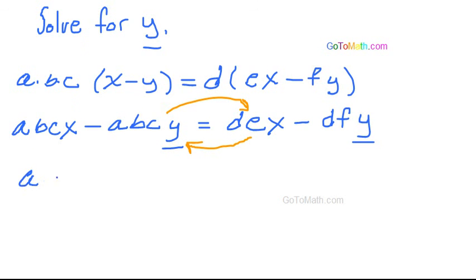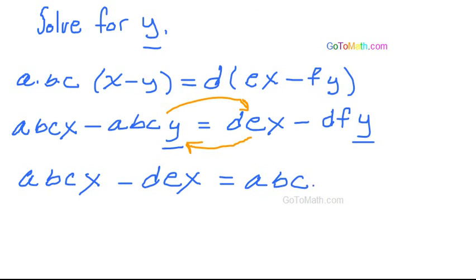So we have a times b times c times x, taking this over, so since it's a positive coefficient, it becomes negative. D times e times x is equal to, and then bringing that over to the right, we have a times b times c y minus d times f times y.